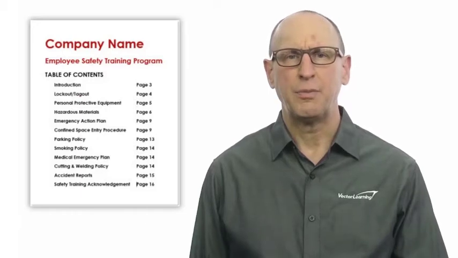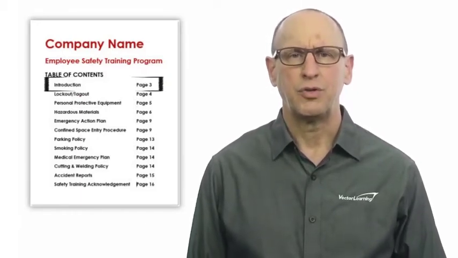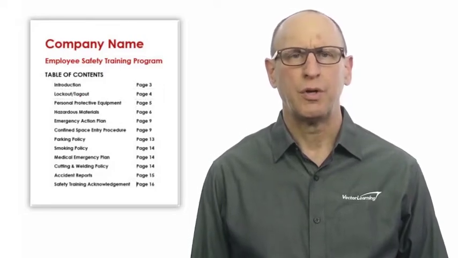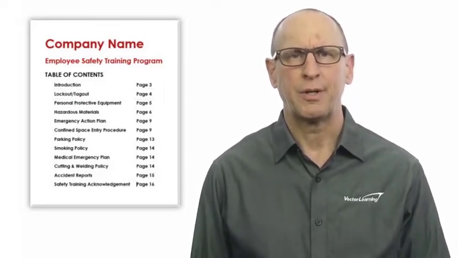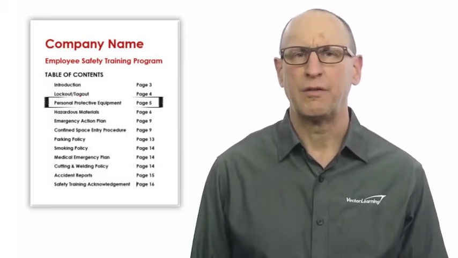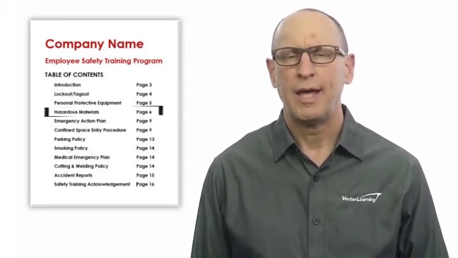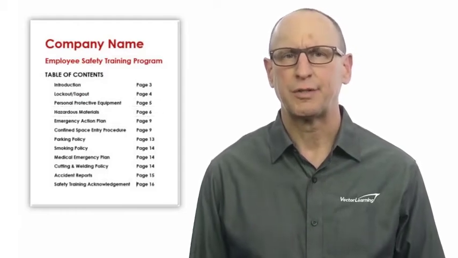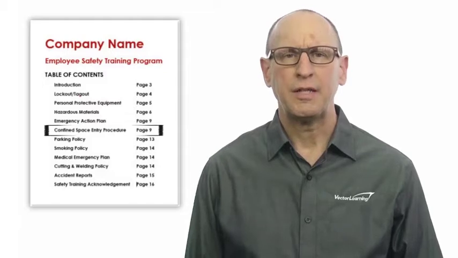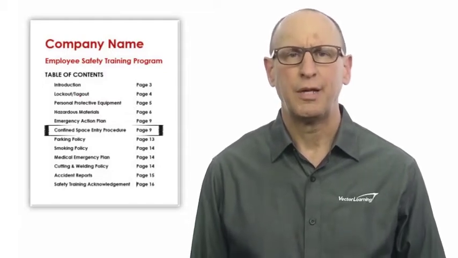So at the top is a table of contents, introduction, page 3, Lockout, Tagout, page 4. These would be some of the major topics that would be included in the table of contents. Personal protective equipment, page 5. Hazardous materials, page 6. Emergency action plan, page 9. Confined space entry procedure, page 9.